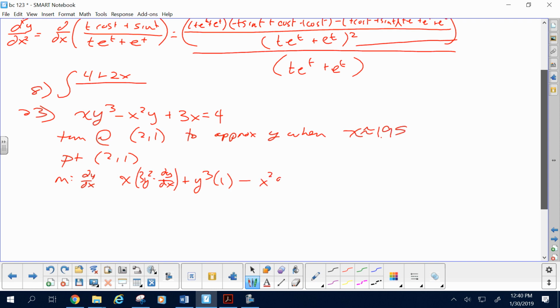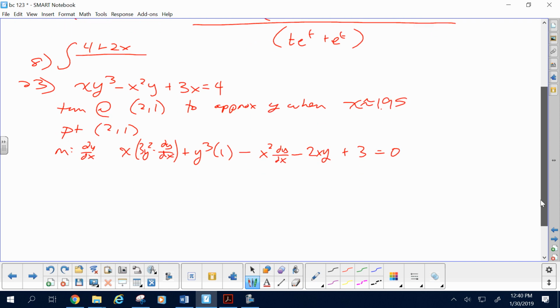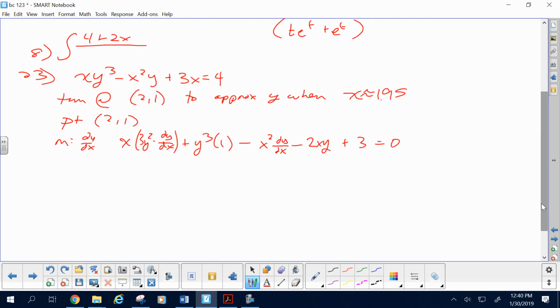Second stays the same, derivative of the first stays the same, derivative of the second. Minus second stays the same, derivative of the first, plus 3 equals 0. I am seeing 2 dy/dx terms. How about you? Alrighty then.